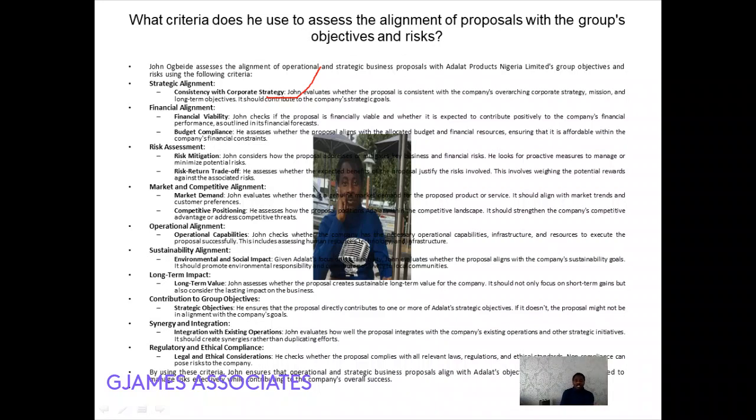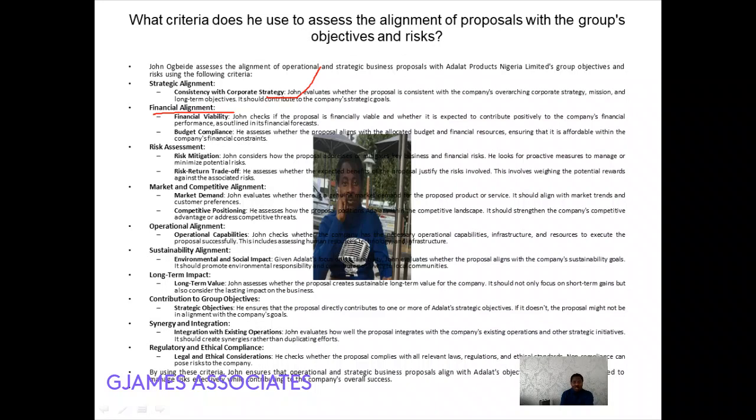Another criterion that John must use in assessing the alignment of the proposal is financial alignment. Then we'll be talking about viability. When we are talking about viability, we are talking about the expectation and the positive contribution to the company's performance and stability that the project may bring.